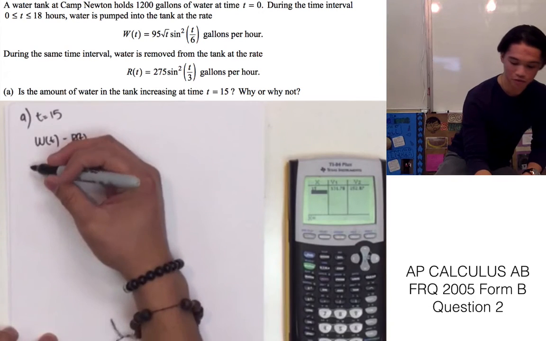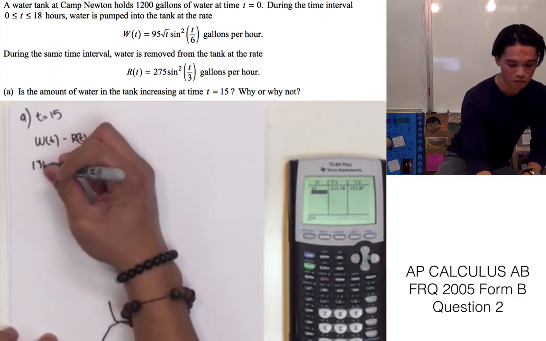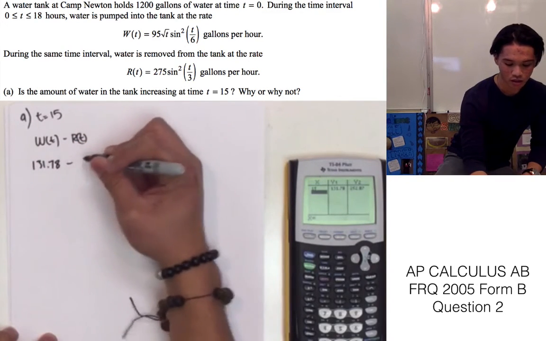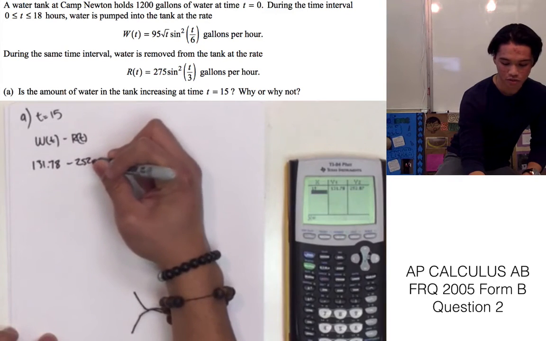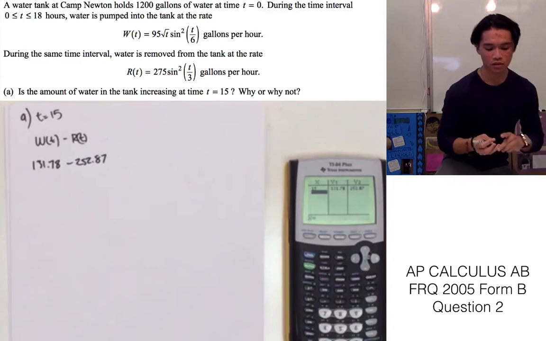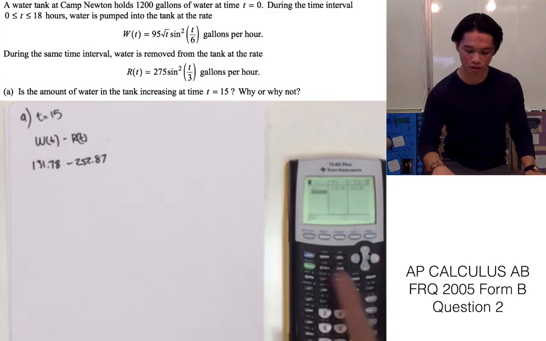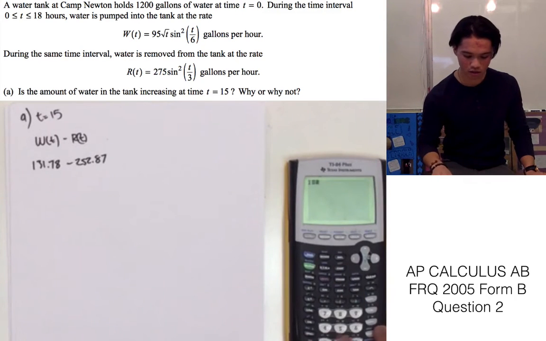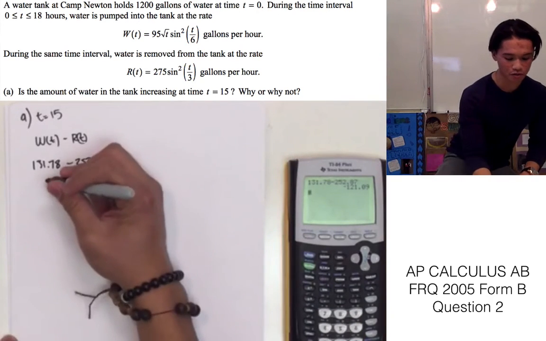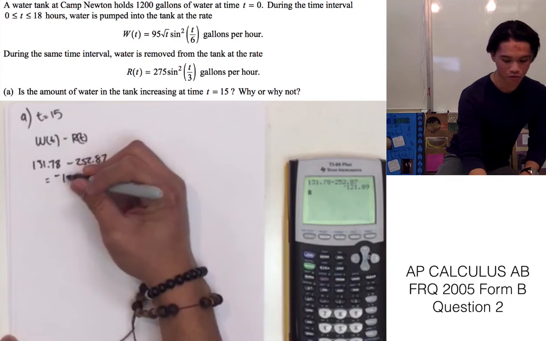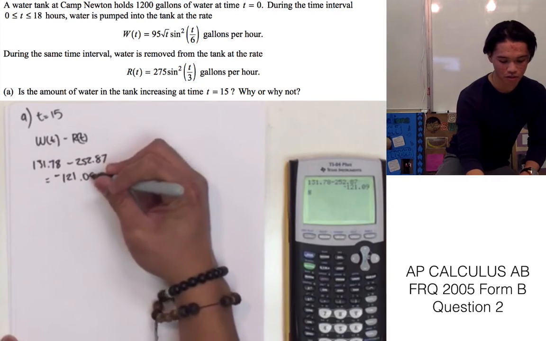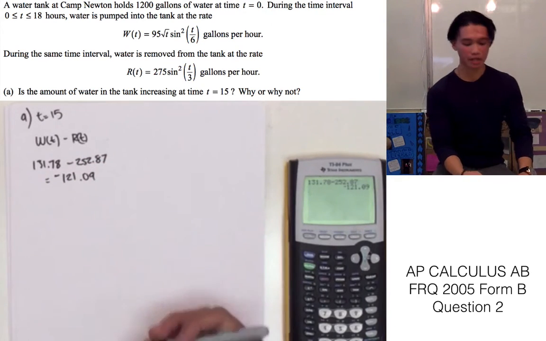So at W of 15 we have 131.78, and R of t is 252.87. And from here we will go ahead and simplify that. We have negative 121.09. So now we can answer the question.